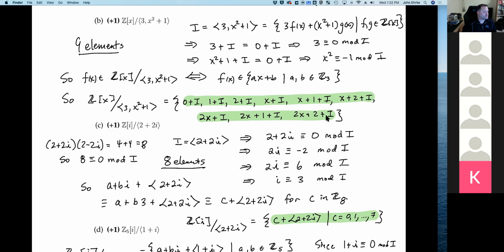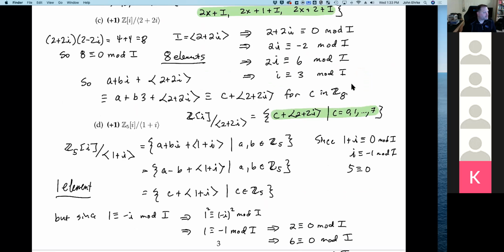We've got 1, 2, 3, 4, 5, 6, 7, 8, 9 total elements. It remains to be seen whether that is isomorphic to Z mod 9 or Z3 cross Z3 or some other ring of 9 elements. Luckily, we weren't asked that here, but there are in fact 9 elements there.